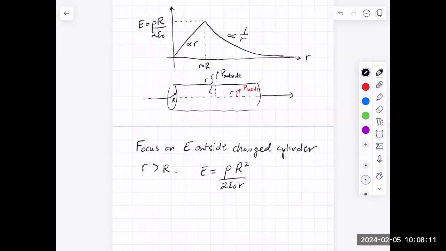What I'm going to try to show, and it will be fairly easy, I think, is that when we have this cylinder of radius capital R, and we're looking at a point outside, for all we can tell, that looks exactly like a 2D line of charge. It's as if all of the charge is concentrated right on the axis of that cylinder. And so that's what I want to try to show.